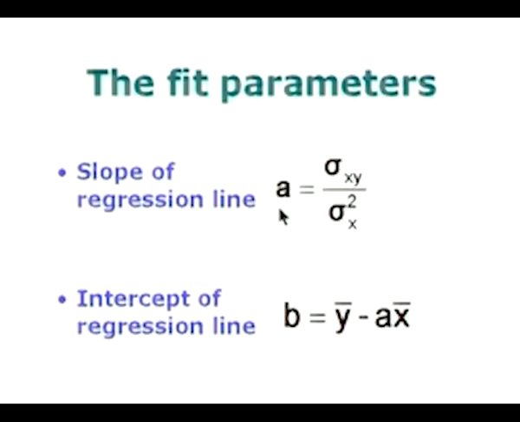So the two fit parameters a and b have been obtained by a simple procedure which involves the statistical parameter sigma xy, which is called the covariance, then the statistical parameter variance of the x's, which is called sigma x squared, and the mean values of x here and y here. So with these 4 statistical parameters, we are able to get the regression coefficients.